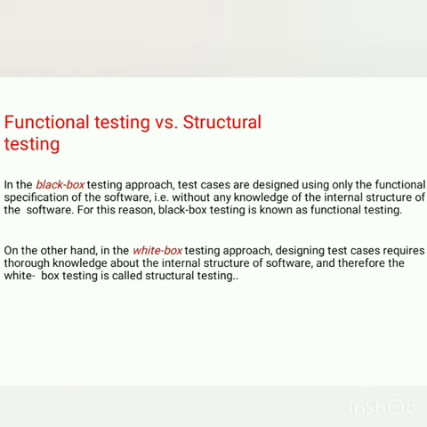Functional testing is considered black box testing because no knowledge of the internal logic of the system is used to develop test cases. System testing, regression testing, and user acceptance testing are types of functional testing.